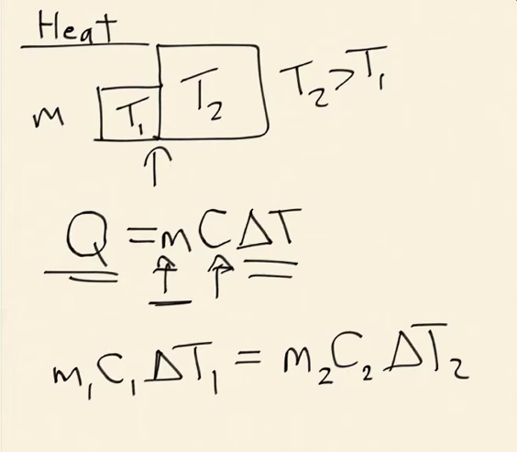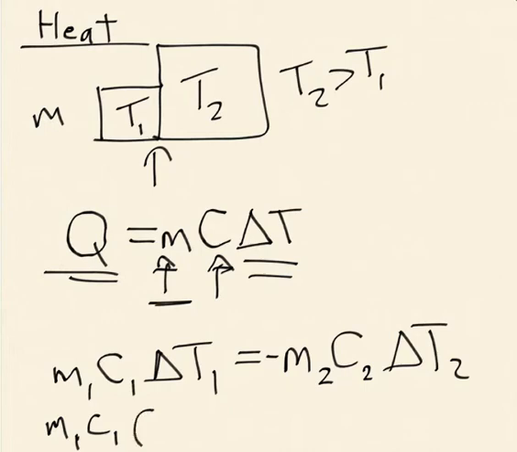Now the temperature change, so in the end, the temperature of the two blocks is going to be equal. So we know the final temperature of both. So we can write this as M1 C1. You know what, let me leave the minus sign here just to make it clear, because the heat gained by one is equal to the heat lost by the other one, so the minus sign there is to account for that.